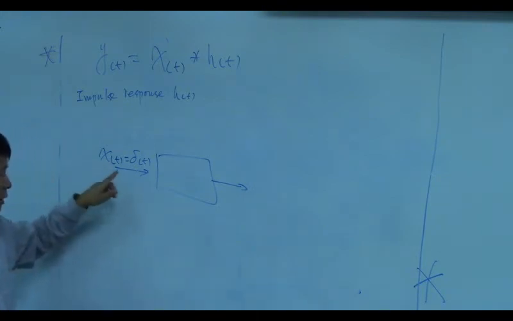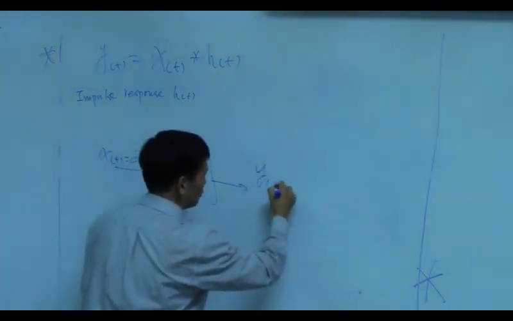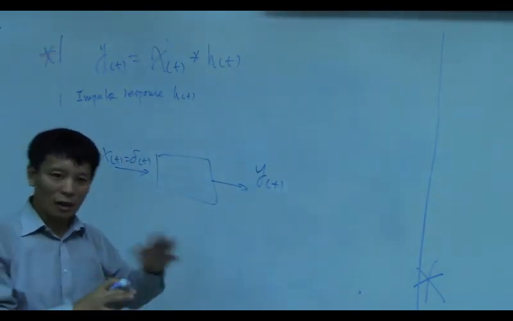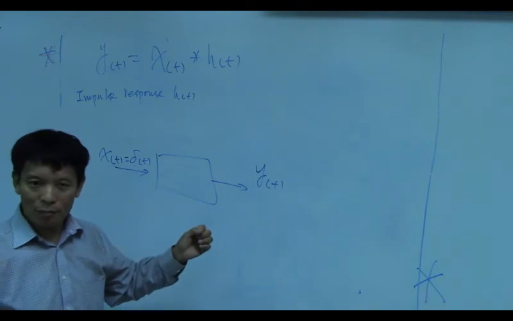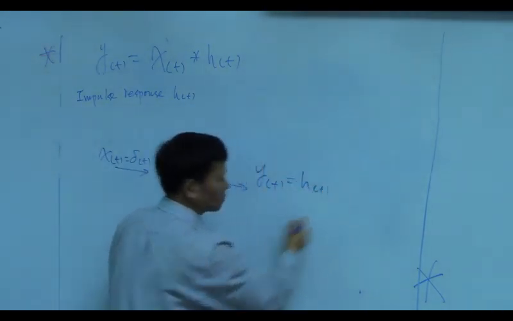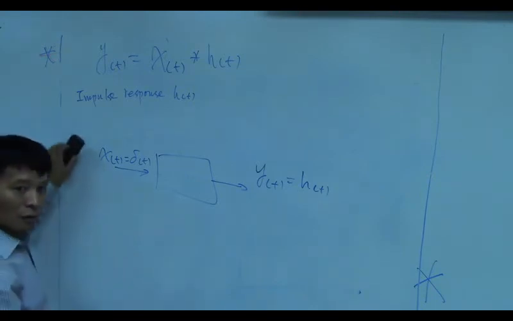You only say, okay, the input is the impulse. Let x equal delta. Then you find out the output. No matter whether you measure this or calculate this, this output is the impulse response. Is this clear?